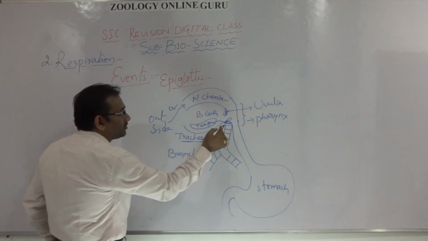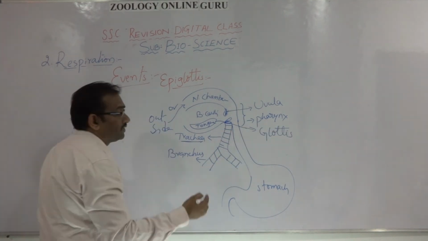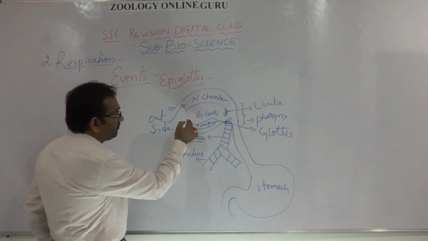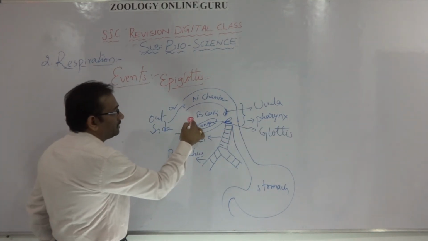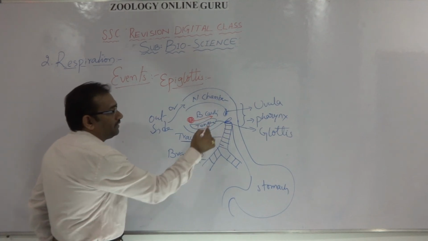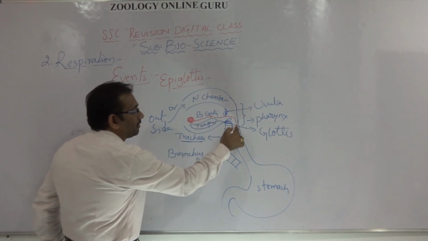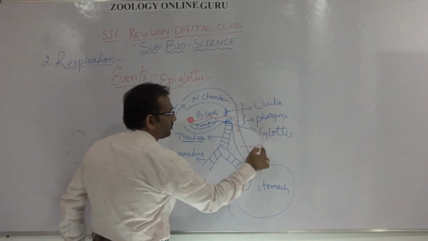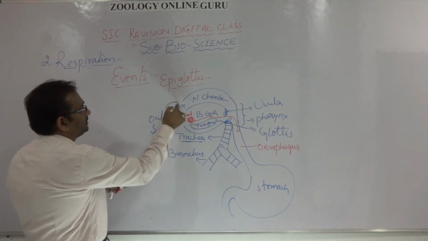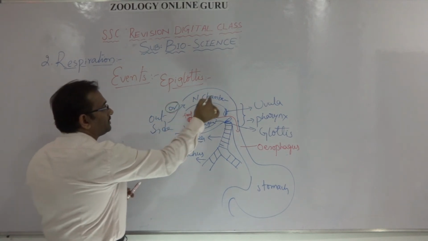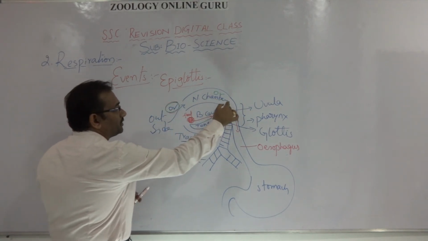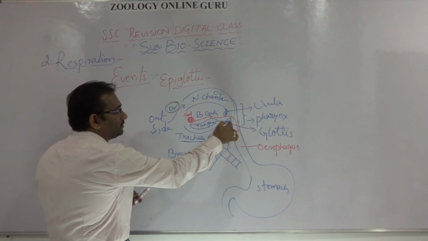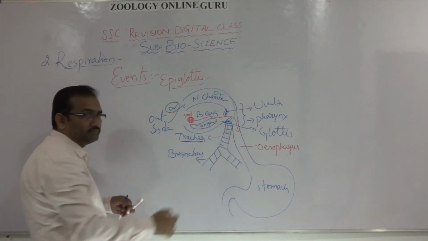These are the bronchi, and this is the pharynx. The opening of the trachea is called the glottis. This is the food material from the mouth, swallowed into the esophagus. This is the esophagus. Oxygen from the outside enters into the nasal chamber and then into the trachea.